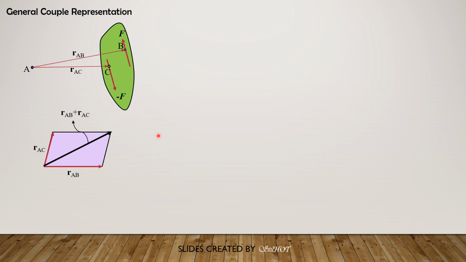In particular, it is equal to RAB minus RAC. Because this is the negative of RAC, if you form another parallelogram, the other is negative RAC, so it is parallel to that direction. So that is RAB minus RAC.